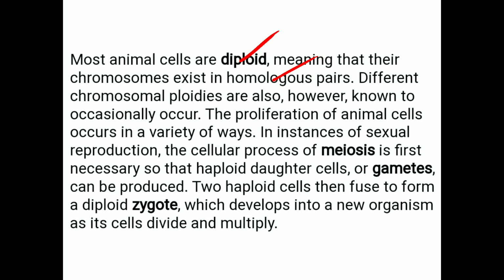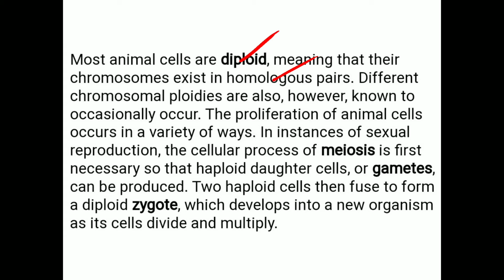The resulting cell is called a zygote. The zygote contains the diploid number of chromosomes, meaning one set from the mother and one set from the father. So a single set of chromosomes is called haploid. A double set of chromosomes is called the diploid condition. Homologous means a together pair.